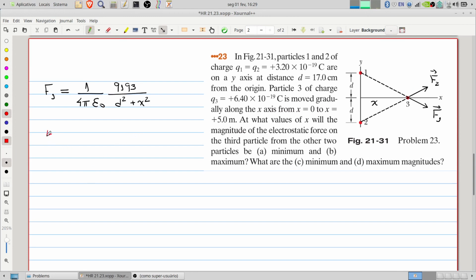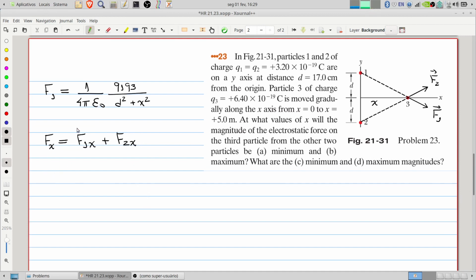That is, the force acting on particle 3 will be in the x direction, and it will be the projection of F1 in the horizontal direction plus the projection of F2 in the horizontal direction also.